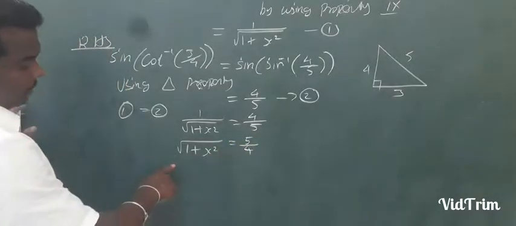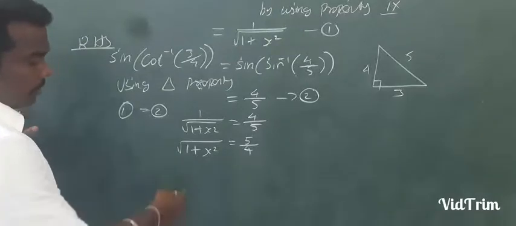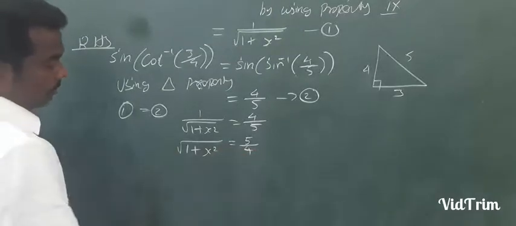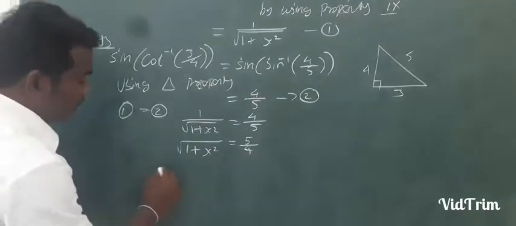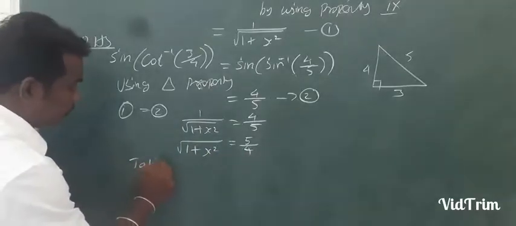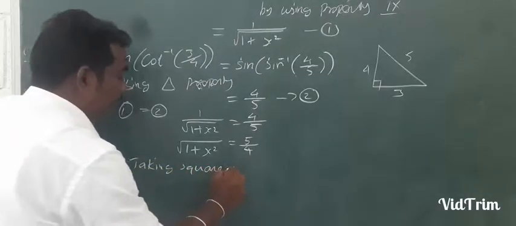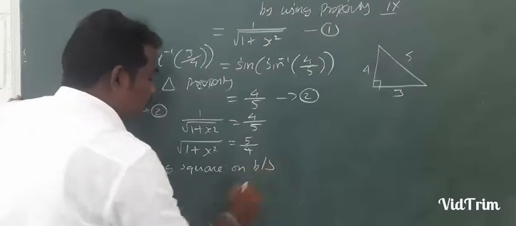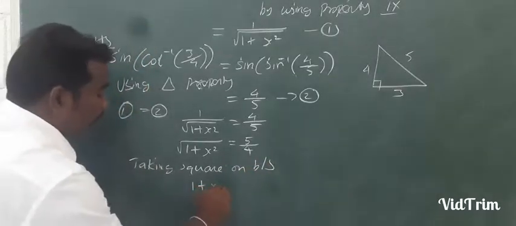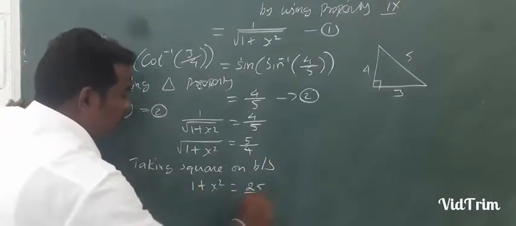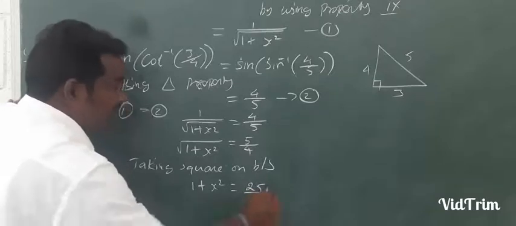Take the square on both sides, then it will cancel. Then we have 1 plus x square is equal to 25 by 16.